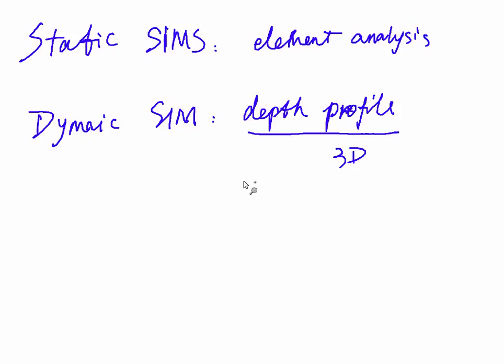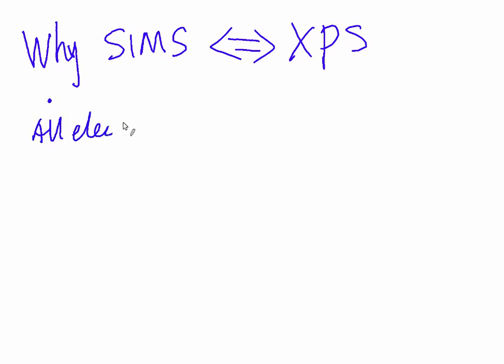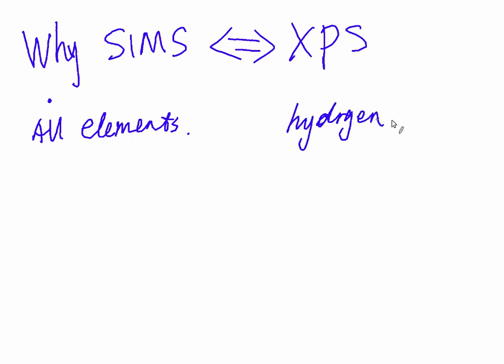We mentioned that the processes of SIMS and XPS are similar, but why do we use SIMS? There are several reasons. First, SIMS can determine all elements that exist in the periodic table. But XPS couldn't detect elements like hydrogen.